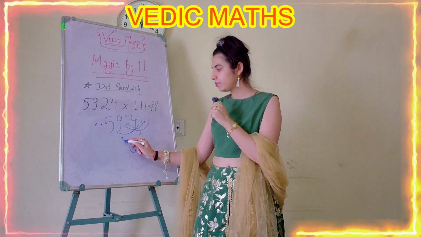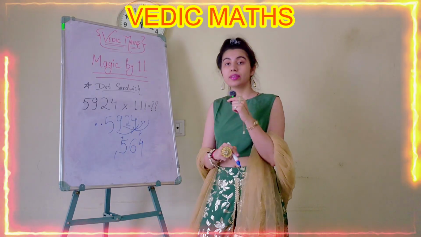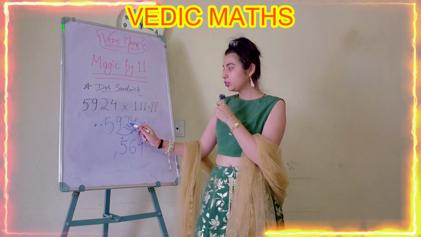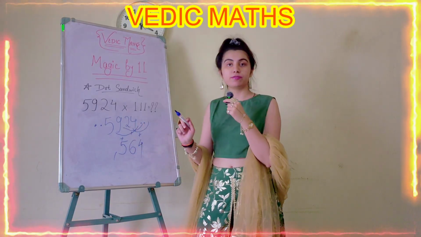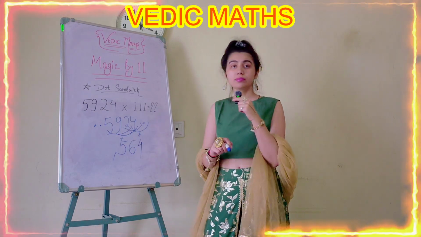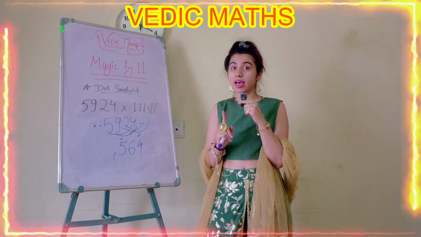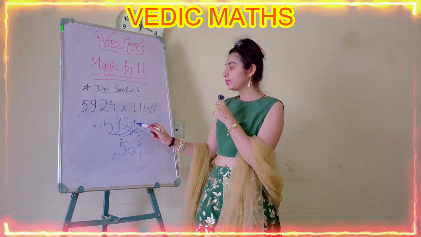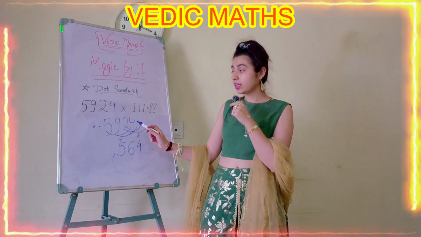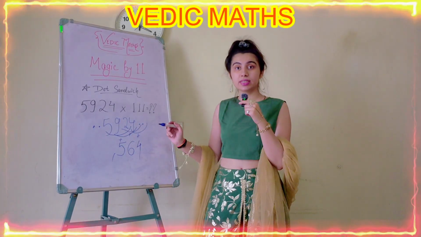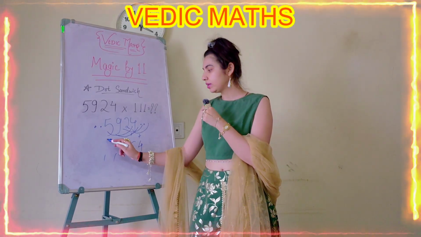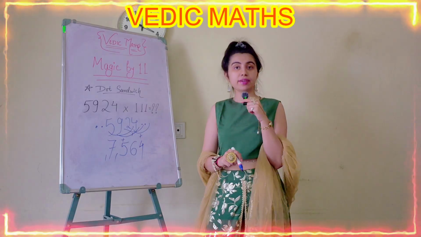So 5, and 1 carried forward. Now the next step will be 2 plus 9 plus 5, since it's 3 digits at a time. 9 plus 5 is 14, 14 plus 2 is 16, 16 plus 1 is 17. So 7 and 1 carried.